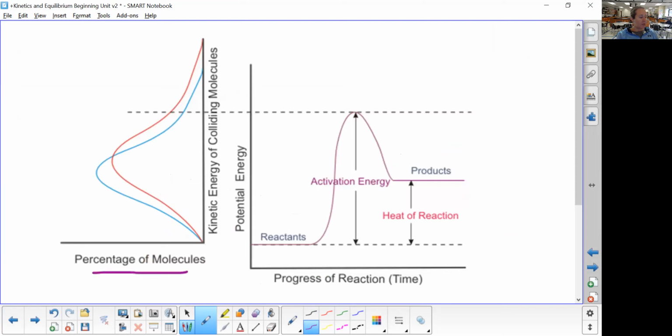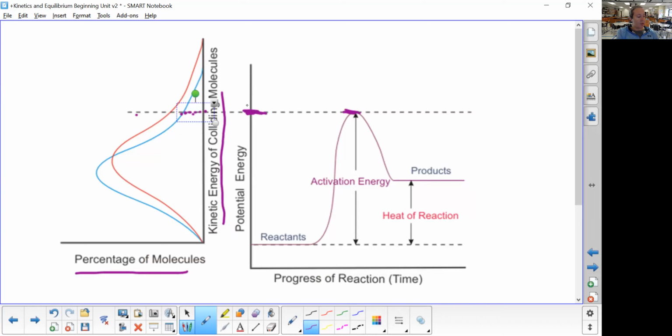Okay, so this is percentage of molecules, and this is the kinetic energy of colliding molecules at certain temperatures. And you can see here, this is lining it up with our energy diagram for an endothermic reaction. The minimum energy that the particles have to have is right here.